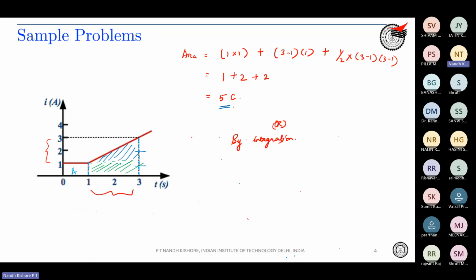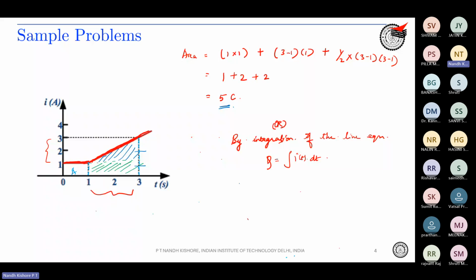You first have to find the line equation of this straight line and this line, and then you put it under q is equal to the integral of i of t dt.